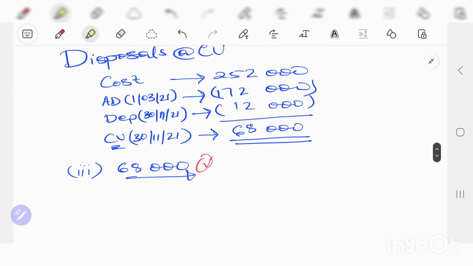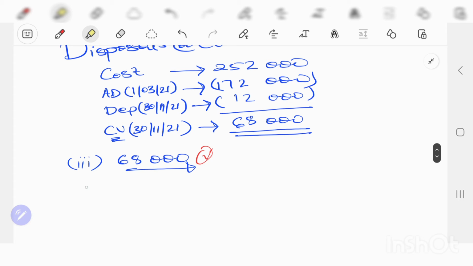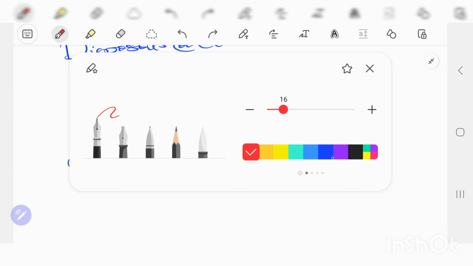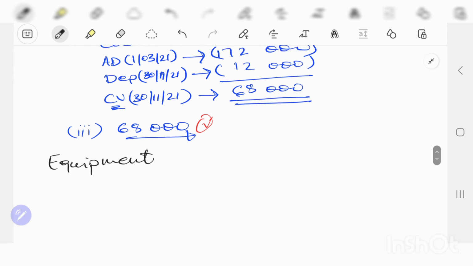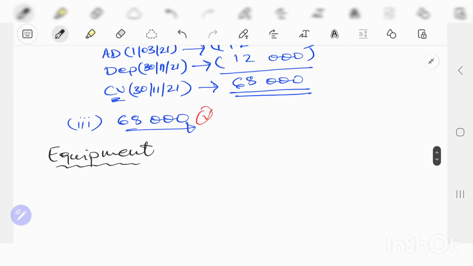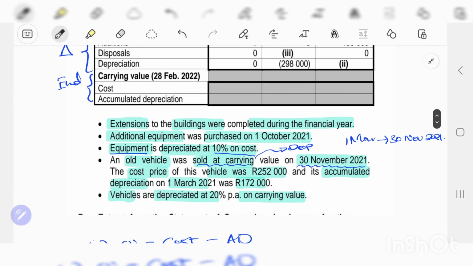And so we are going to first calculate the depreciation of the old equipment. And so now we are working with equipment, remember. So we calculate the depreciation of the old equipment. Remember, they told us from the adjustments that equipment is depreciated at 10% on cost.